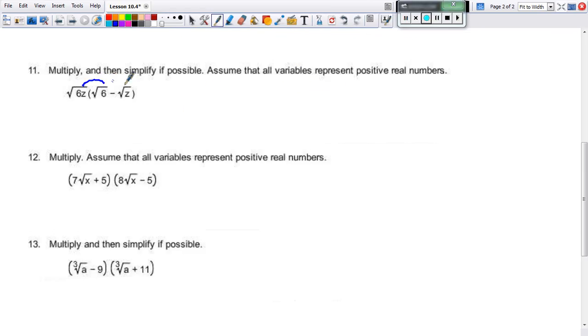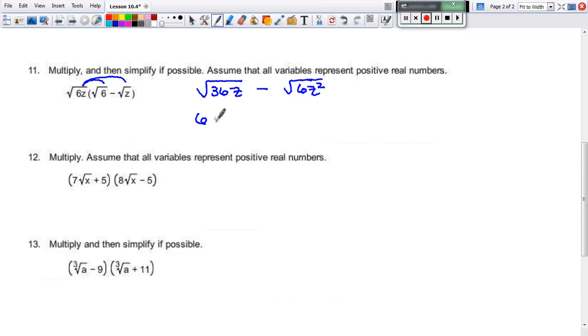Okay, so this is the square root. 6 times 6 is 36, and I have a z minus sign. The square root of 6, and then z times z is z squared. Okay, this one can be simplified. The square root of 36 is 6.